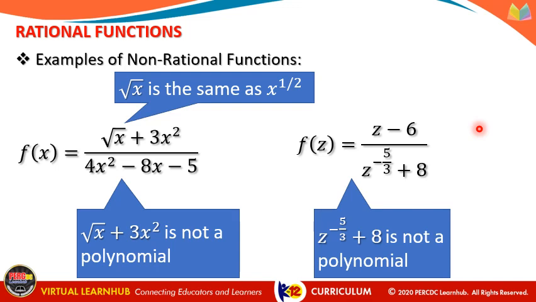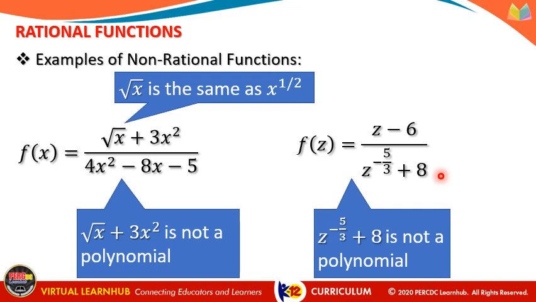Again, requirement natin sa pagiging polynomial is dapat yung exponents natin non-negative integer. As you can see, our exponent is a fraction, 5/3, tapos negative pa siya. So, the denominator is not a polynomial. Therefore, this is not a rational function.